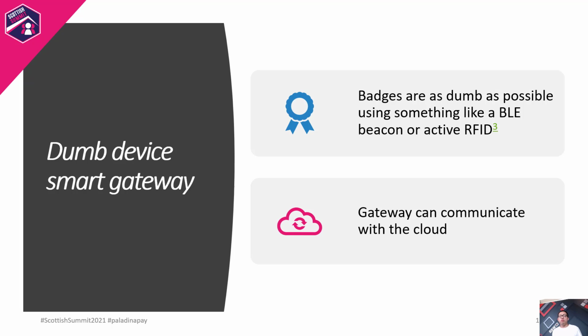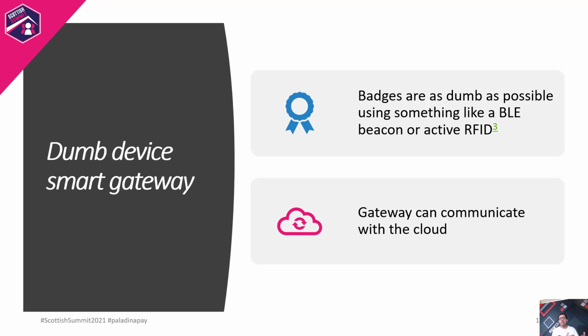Our client came to us with a list of requirements and key features, and talking with their development team, we started to analyze the requirements from end to end. The requirement analysis starts with the dumb device and smart gateway. The business needs the devices to be as dumb as possible, using some protocol like BLE beacon or an active radio frequency identifier, so that it does very simple things like sending a signal to a nearby gateway.